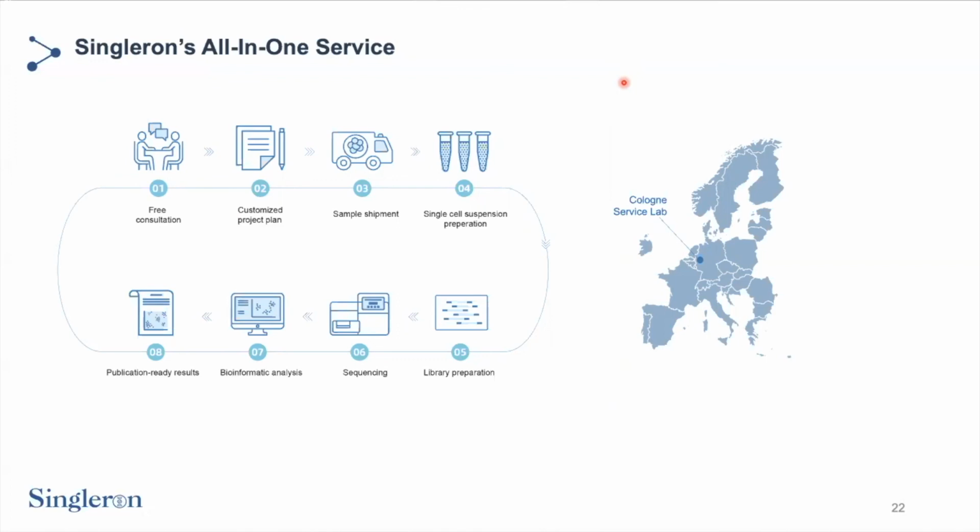But we are also offering all of these services as an all-in-one worry-free service. We have a service lab here in Cologne, Germany, and basically you send us your sample, we take care of all the downstream experiments, analyses, and at the end you will get your publication-ready results. So this is a really worry-free approach if you want to try our services.